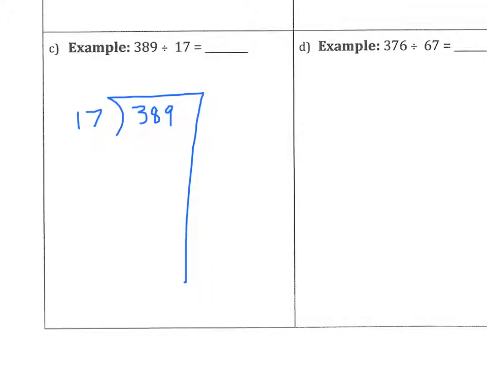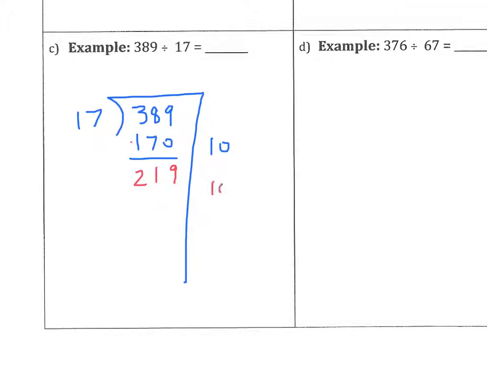I know my 10 times table, so I'm going to go 10 times 17, and I know that's 170. 9 minus 0. 80 minus 70 is 10. And 300 minus 100 is 200. Now I see 170 here.